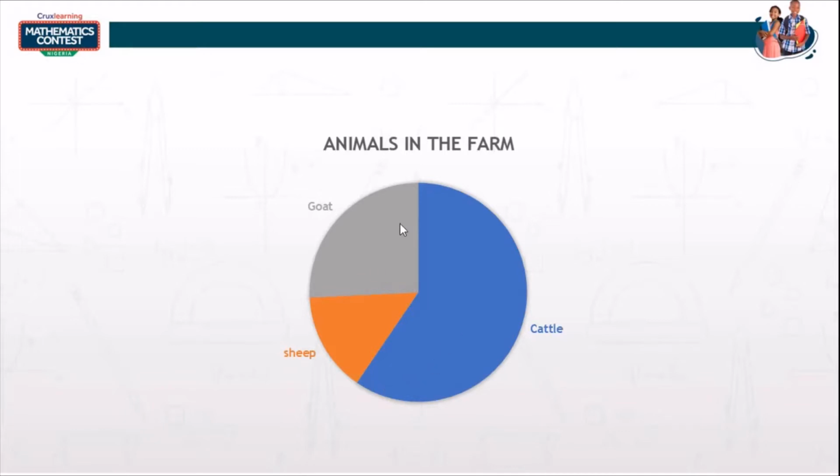Followed by the goats. Remember, the cattle we have 215, so this is quite a number. Then the goats we have 92. Then the least we have is the sheep, which is 53, so the portion isn't that much. So that's what a pie chart is all about. It's a circular chart, also known as a circle chart.